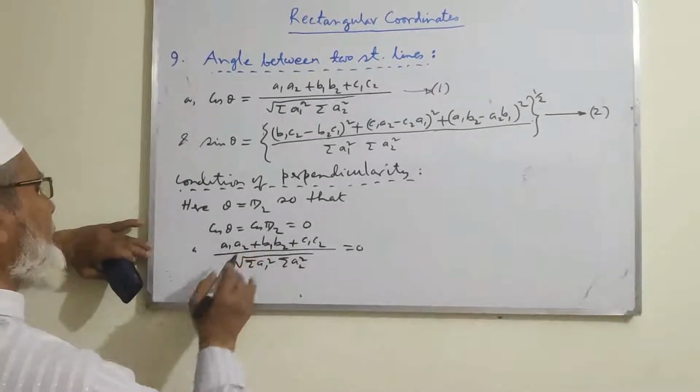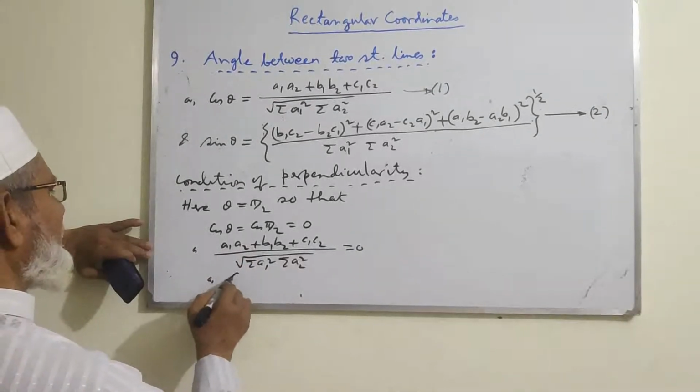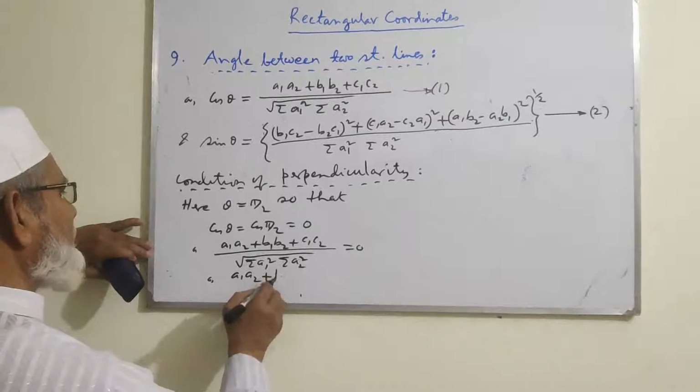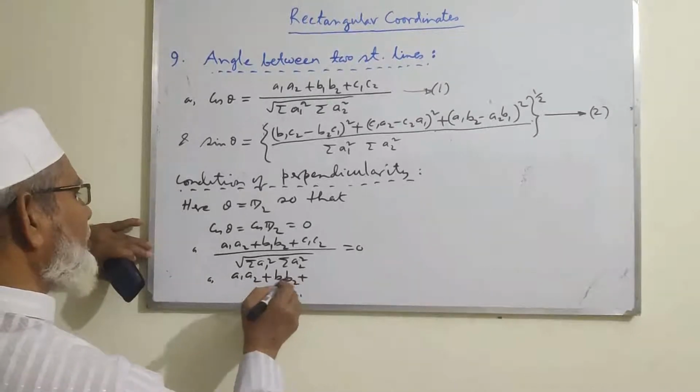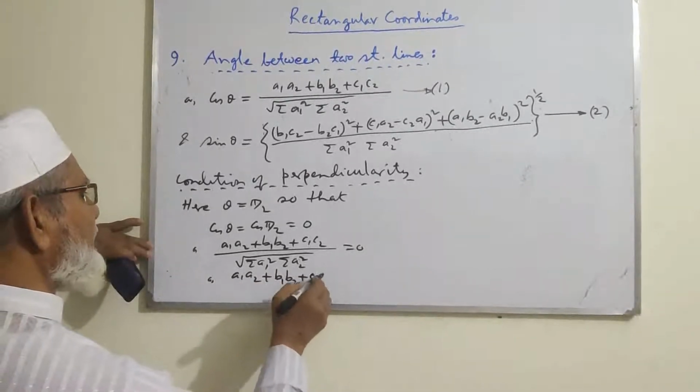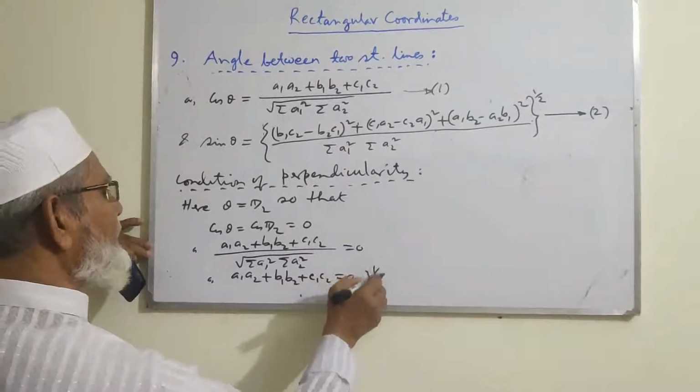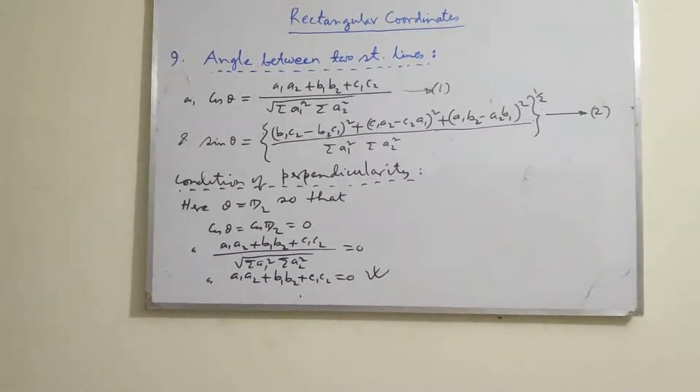Denominator is non-zero, numerator is 0, or a1 a2 plus b1 b2 plus c1 c2 equal to 0. This is the condition of perpendicularity between two straight lines when the direction ratios are known.